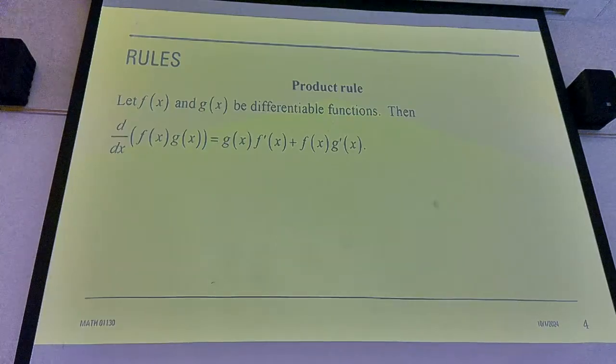The derivative of f times g is g times f prime plus f times g prime. And the order here doesn't matter, right, because it's addition.